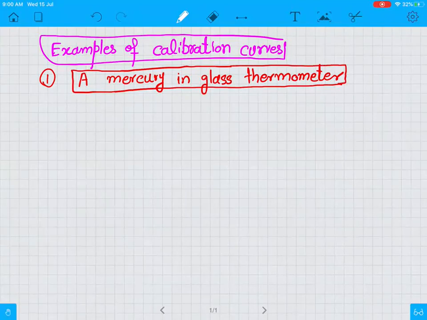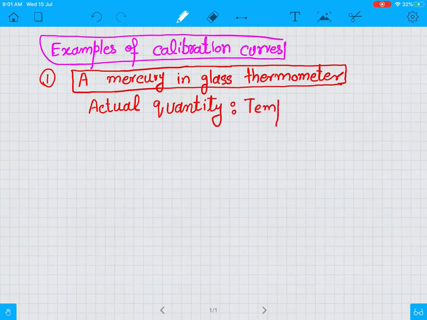For a mercury in glass thermometer, the actual quantity is temperature, and the apparent quantity is what you observe. What you want to read is called the actual quantity.